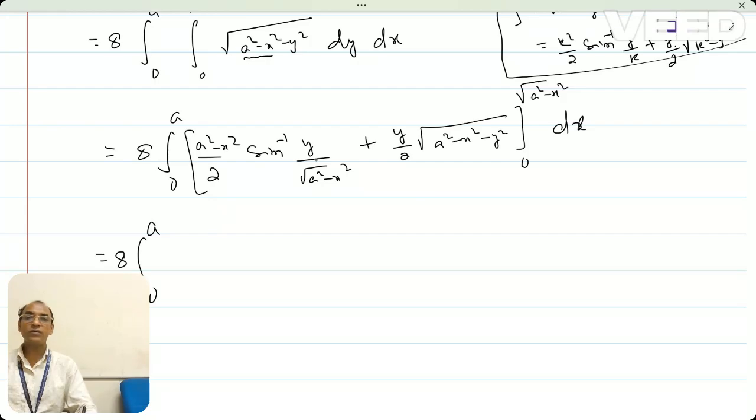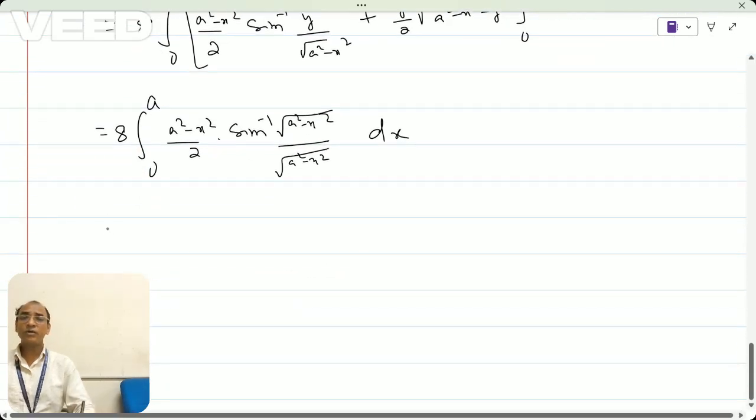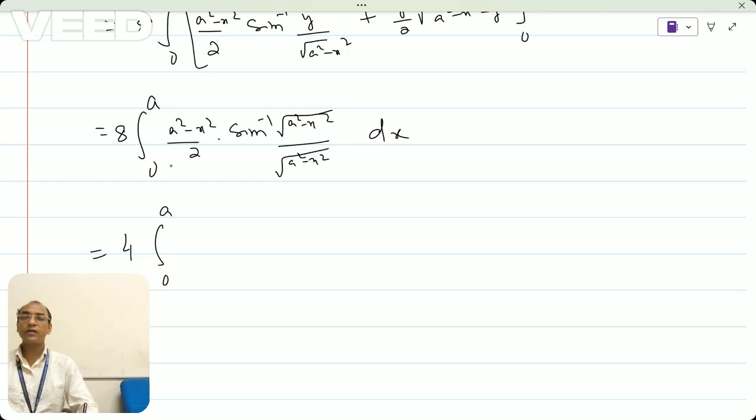If I put y equal to root of a square minus x square, I get a square minus x square by 2 into sine inverse of root of a square minus x square divided by root of a square minus x square, and the other term will be a square minus x square minus a square minus x square, which gives 0. For the lower limit, sine inverse of 0 is 0, and y equal to 0 times something is 0, so there is no lower limit contribution.